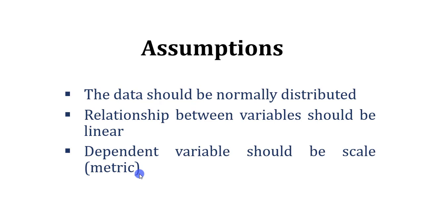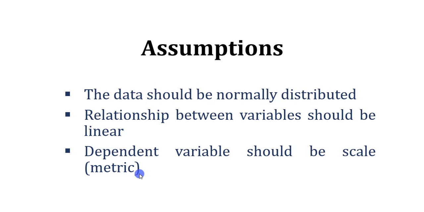So you have to first see the assumptions of regression. If the assumptions are fulfilled, then only can we apply regression analysis. The first assumption is that the data should be normally distributed, the relationship between the variables should be linear, and the dependent variable should be scaled.